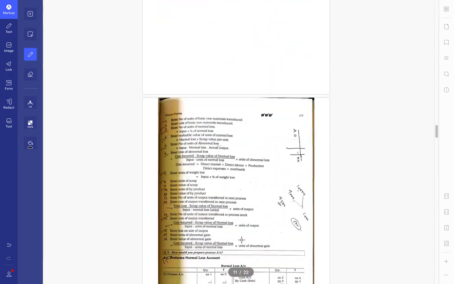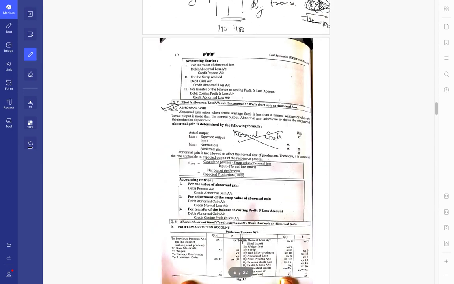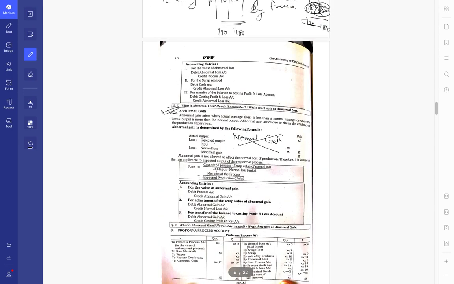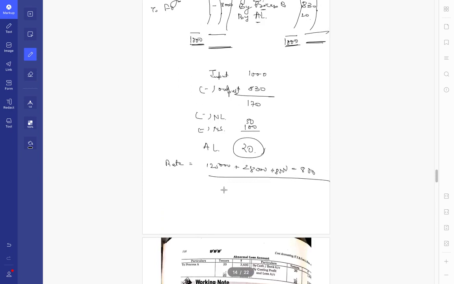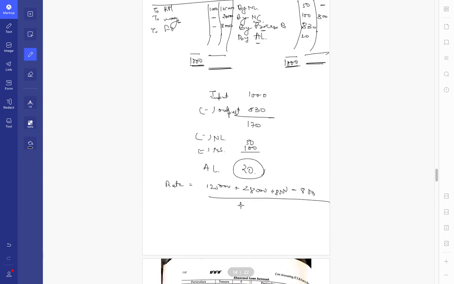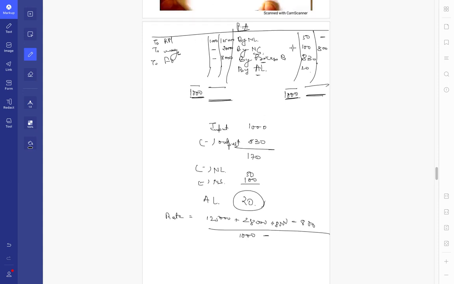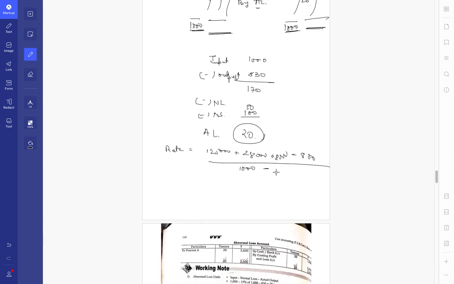The input minus normal loss units. So we have the input as 1000 units, and not only do we consider normal loss over here, but also normal scrap. So we would have 850 as our denominator.